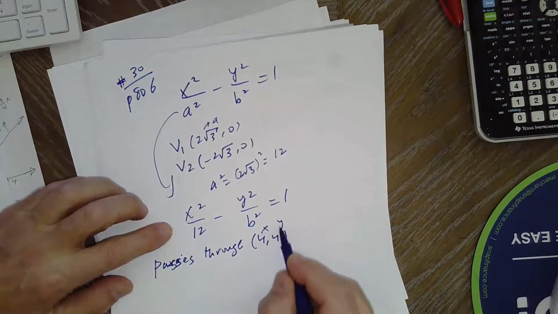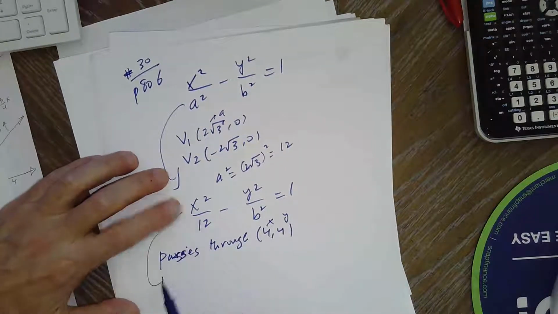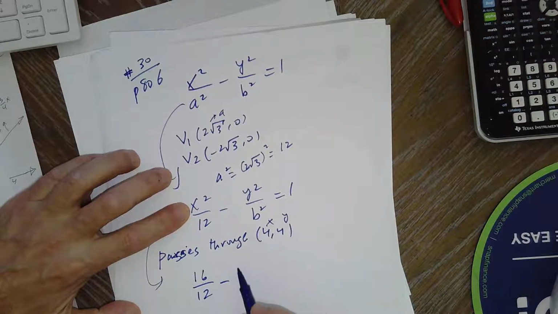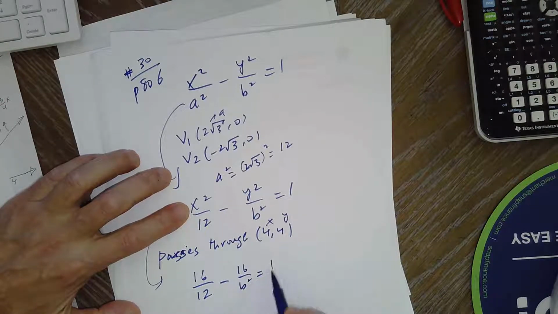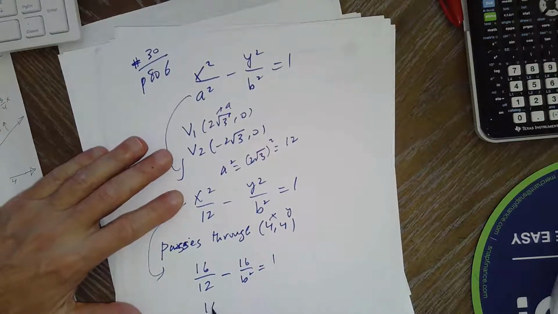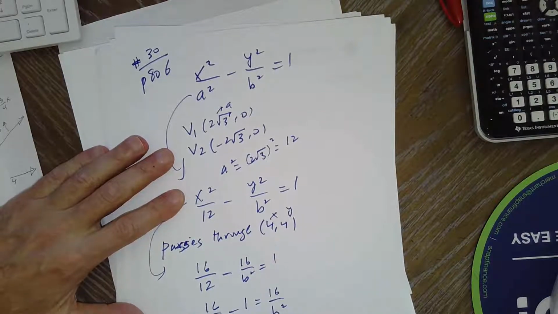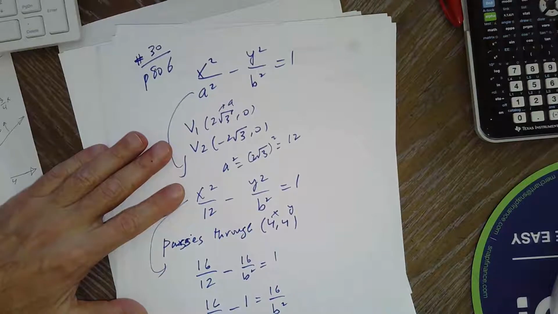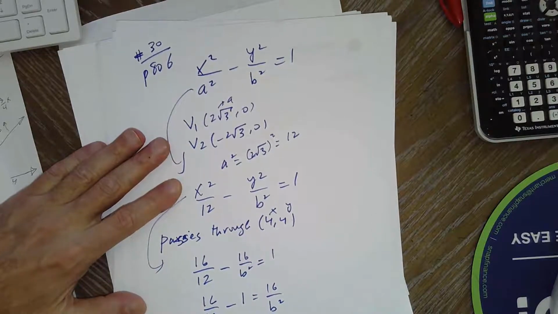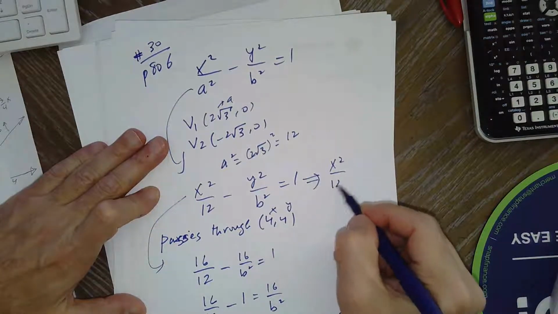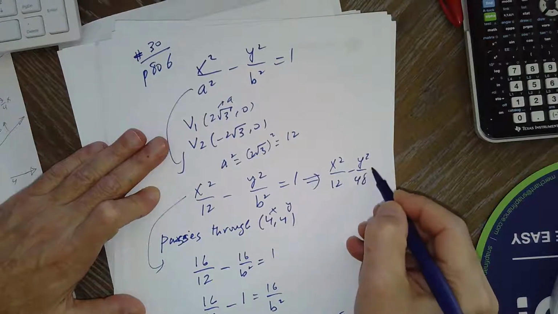So when x is 4, y is 4, that way we can find b. So 4 squared is 16 over 12 minus 4 squared is 16 over b squared equals 1. So 16 over 12 minus 1 is 16 over b squared. 16 minus 12 is 4 over 12, which is 1/3, equals 16 over b squared. b squared is 3 times 16, which is 48. So x squared over 12 minus y squared over 48 is 1.